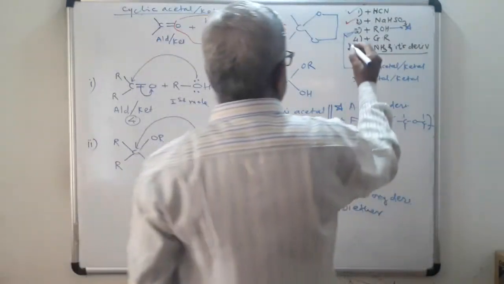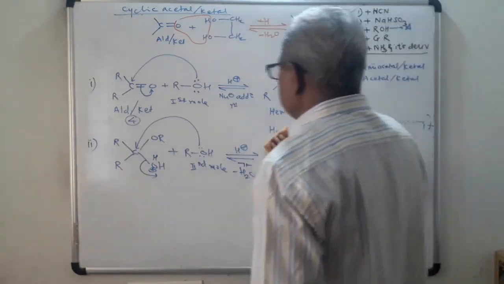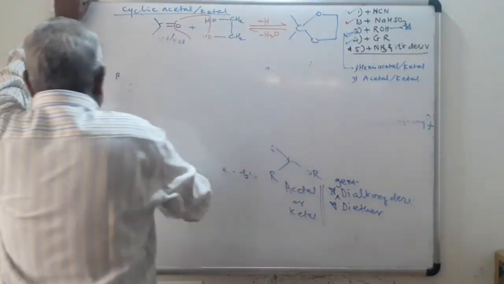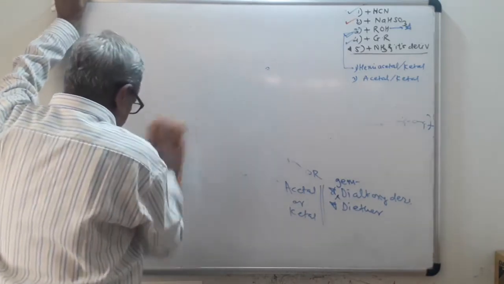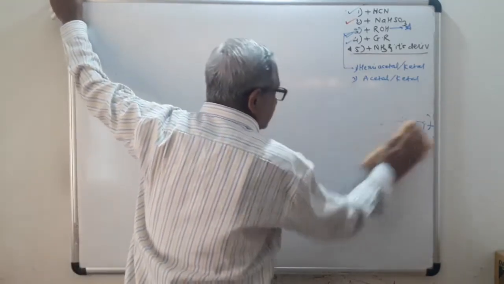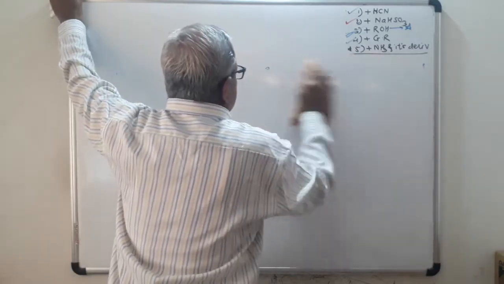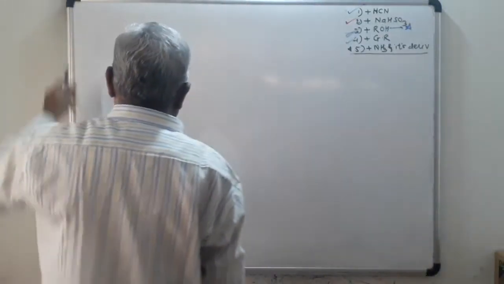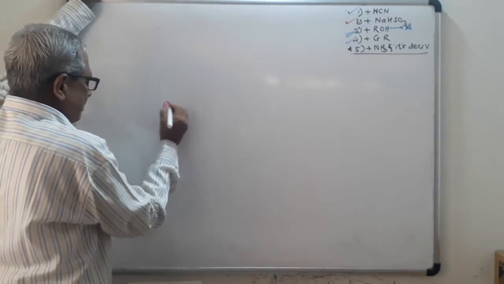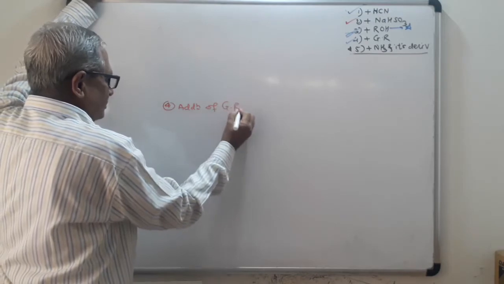Now I will start the fourth reaction, that is addition of Grignard's reagent. So give the title, fourth reaction, addition of Grignard's reagent.